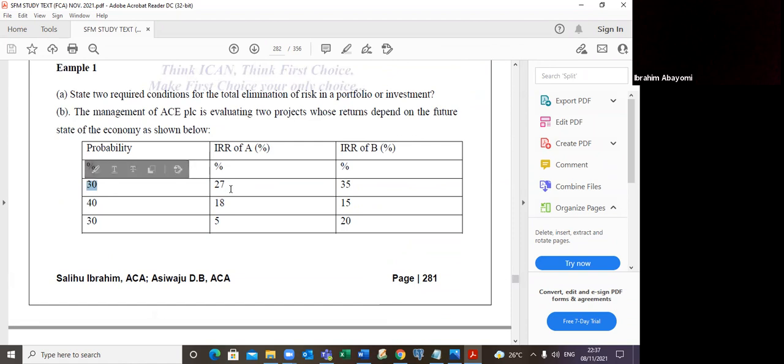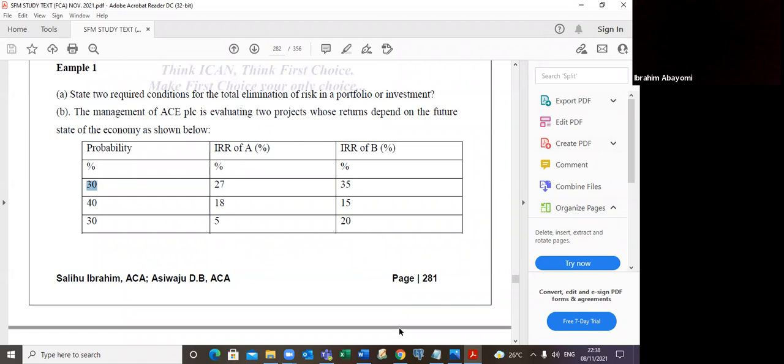This 27% return from A and 35% return from B have the same probability, 30%. The same thing with 18 and 15, and the same thing with 5 and 20. So in this situation, if I want to compute my covariance, it is simply deviation A times deviation B times probability. Do you understand?